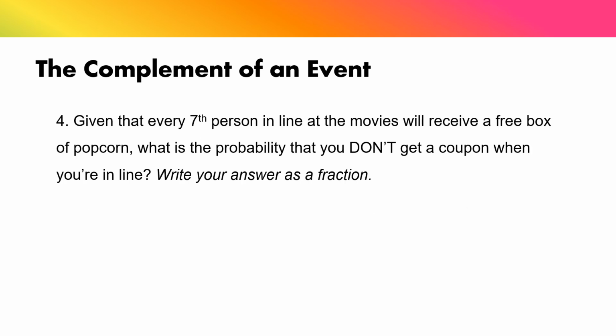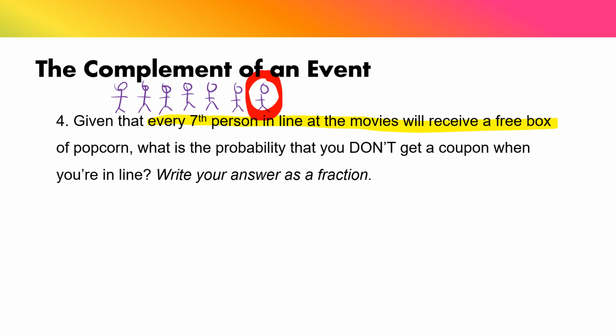This one's a little bit harder. It says, given that every 7th person in line at the movies will receive a free box of popcorn, what's the probability that you don't get a coupon when you're in line? Every 7th person in the line is going to get a coupon. So imagine we have these people here. 1, 2, 3, 4, 5, 6, 7.